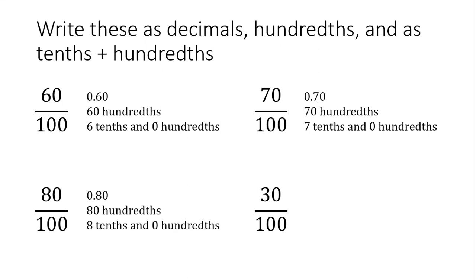And finally, in the bottom right corner, we have 30 over 100, and you could write that as 0.30 and say, well, that's 30 hundredths. But you could also look in the tenths place and say, there's a 3 in the tenths place, 3 tenths, 0 hundredths. And that's how you can trade your tenths for hundredths.